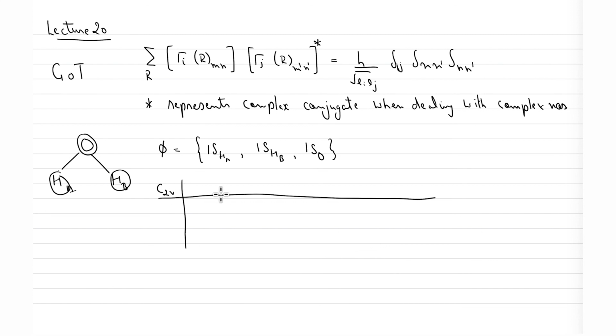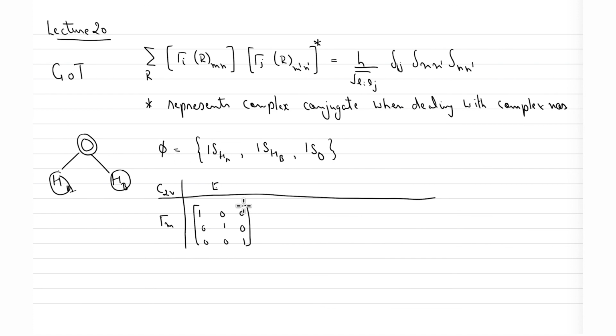So the point group is C2v, and let's call the representation tau m. Because the dimension is 3 cross 3, E will be a unit matrix of order 3, right? We have seen this every time. E will always be a unit matrix of a particular order, and the order will be defined by the number of basis functions in the basis set vector.